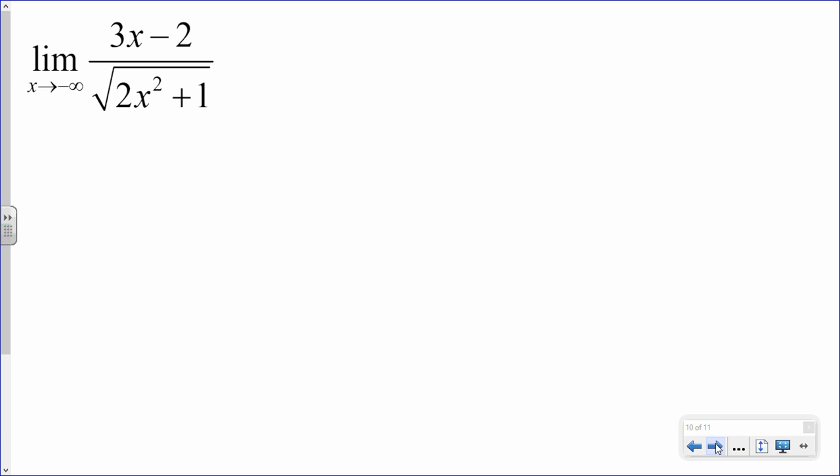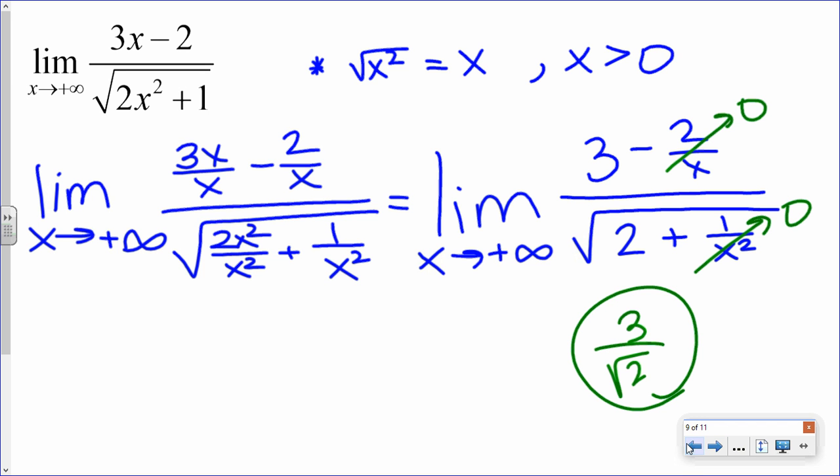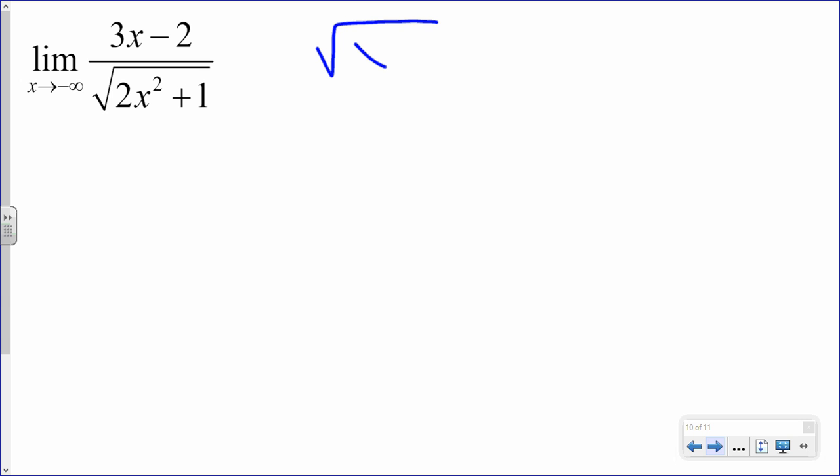Well, we know that the square root of x squared equals x when x is greater than 0. What's true about the square root of x squared when x is less than 0? It wouldn't equal x. What happens if we have the square root of x squared? These cancel, right? It's the same thing as negative x.